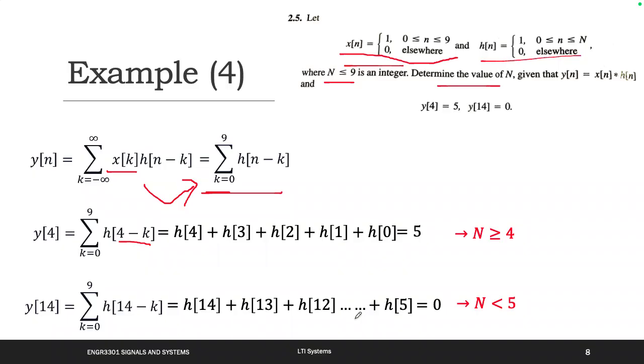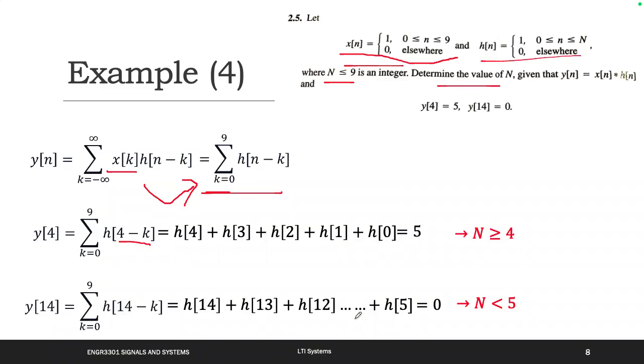If n is greater than or equal to 4 and smaller than 5, what's the value for n? I think this one is easier, right?